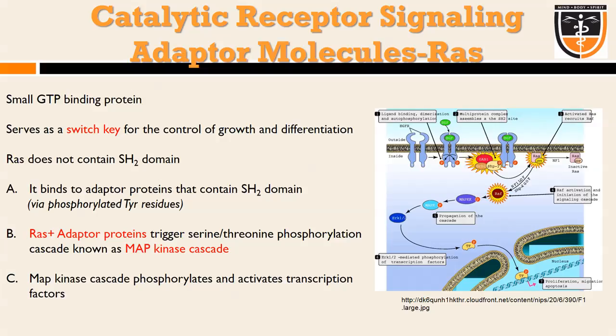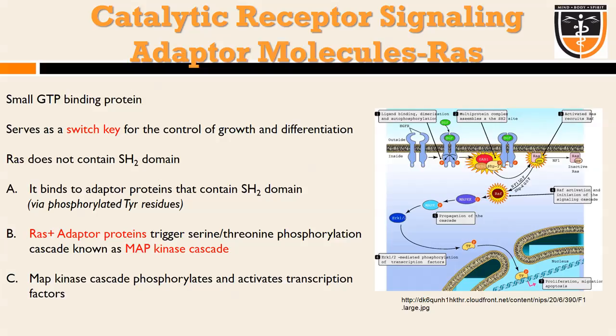So what's the problem with RAS? RAS doesn't contain an SH2 domain. So what does that tell you? RAS cannot attach directly to phosphorylated tyrosine. It needs an adapter protein that has an SH2 domain that can attach to it.